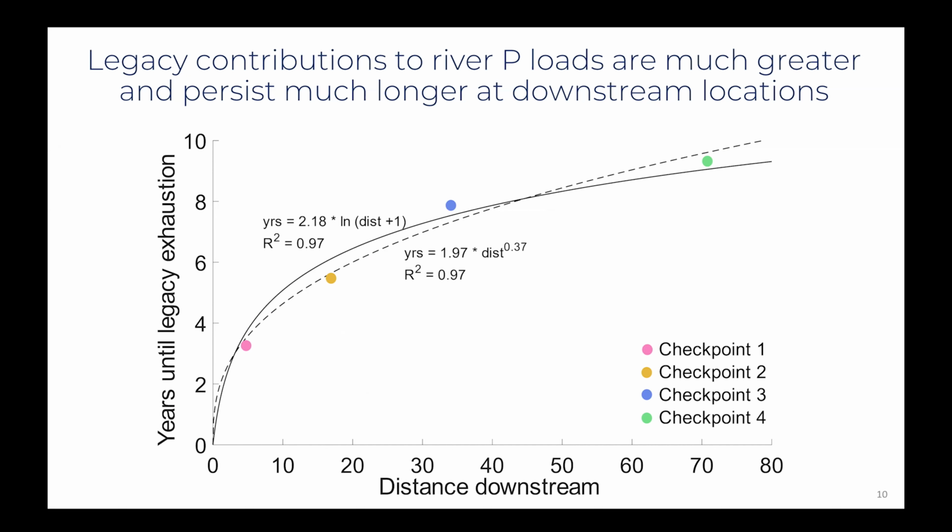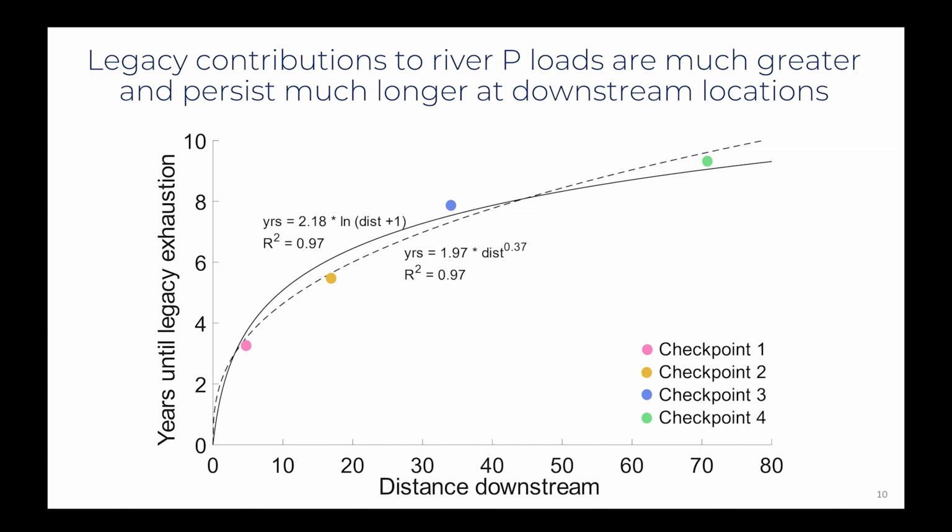To approximate the date at which we're saying in-stream legacies are exhausted, we're using the date at which 95% of all future load contributions, which is what was plotted in the prior slide, have been made. And so we have the 4 model checkpoints from our simulation here.